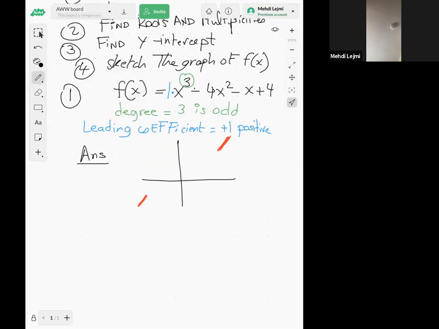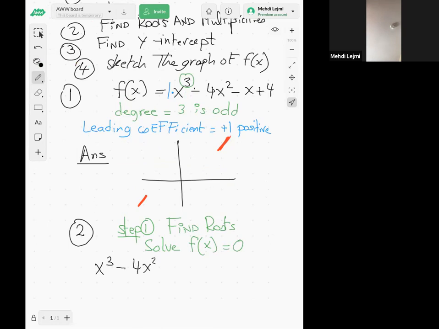So we start with the roots. Step 1, find the roots. So we have to solve f of x equal to 0. So we have to solve x cubed minus 4x squared minus x plus 4 equal to 0. Right? So we cannot use the quadratic formula.